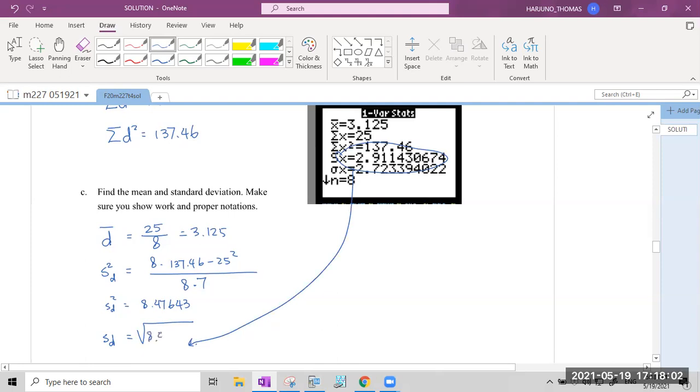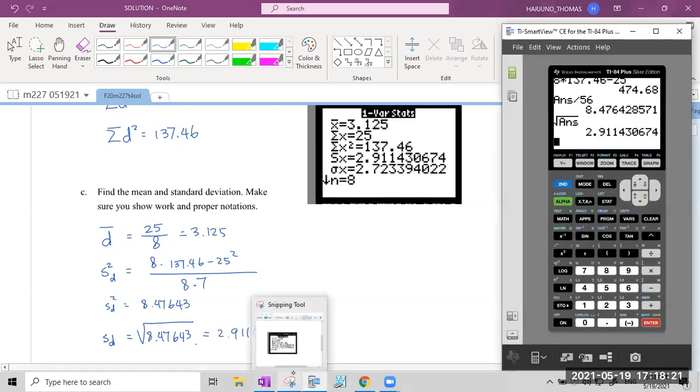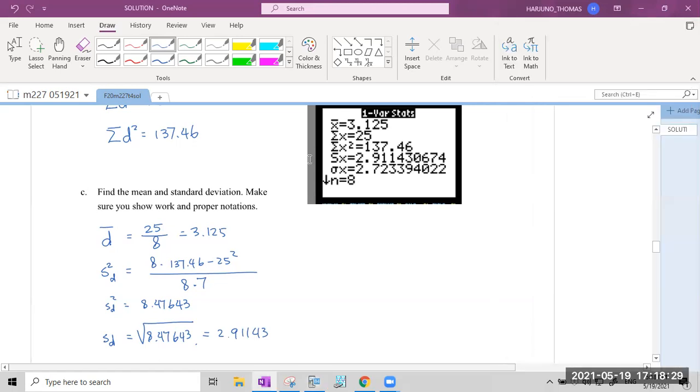The reason I still show the work is that I want to make sure I get it right. My sample standard deviation of the differences is the same. Take a look, that's the same, 2.91143. Now I can get rid of this.